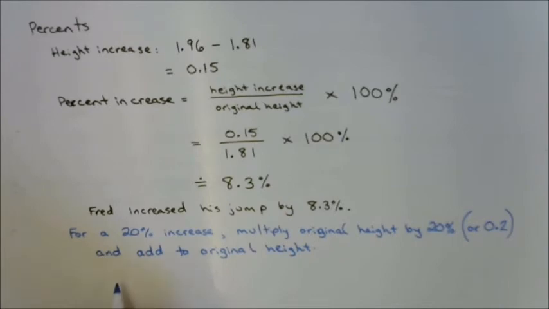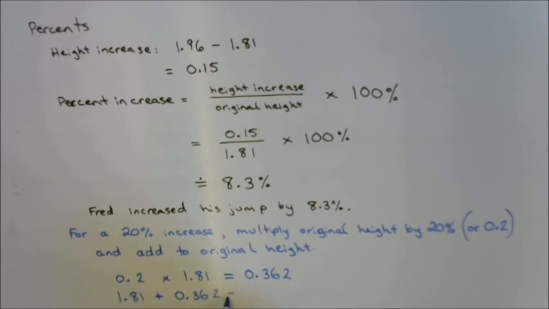So we're going to do 0.2, that's 20%, times his original height. And what's that going to give us? 0.362. Good. And now we're going to add that amount to the original jump height.